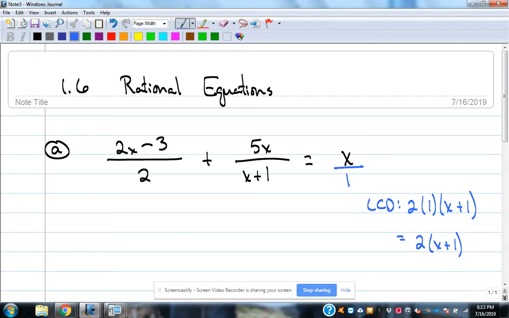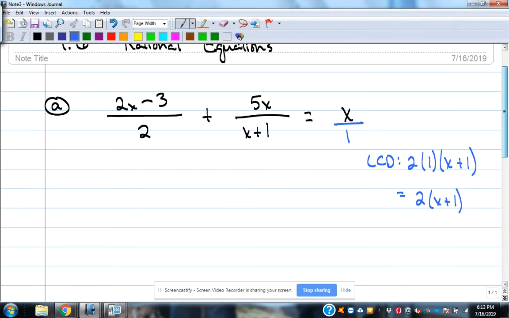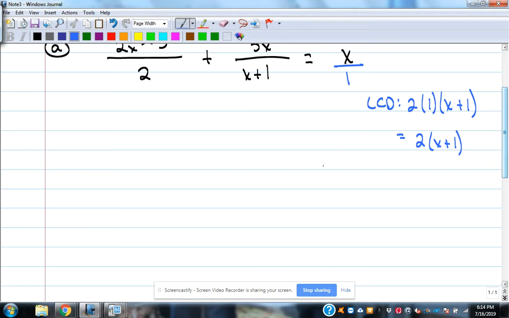Now, when we were doing functions earlier, we had the idea of the domain, and there were x's that we had to leave out. When you're dealing with equations, there are x's that you have to leave out, and they come from the common denominator. They're called excluded values. Excluded values come from setting the denominator equal to 0.